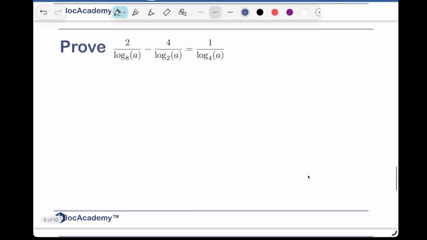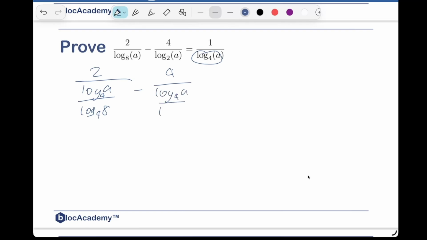Now, let's look at the next expression. We're proving 2 over log 8. You get the point. We want to find log base 4a as our denominator. So let's use the base change formula. We can rewrite this as log base 4a of 8 minus 4 over log base 4a of 2. We can rewrite this, change the denominators around, and we get 2 log base 4a of 8 minus 4 log base 4a of 2.